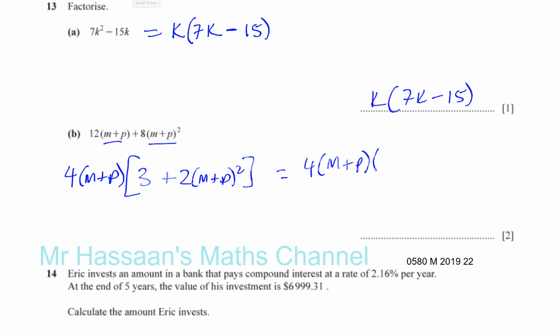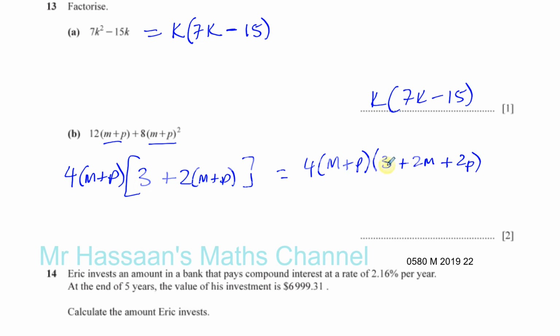Sorry, that's not supposed to be a square there. Because you have 4 times 2 is 8, and then (m plus p) times (m plus p) is (m plus p) squared. So that's 2 times (m plus p). So you have 4 times (m plus p), then this whole thing will become 3 plus 2m plus 2p.